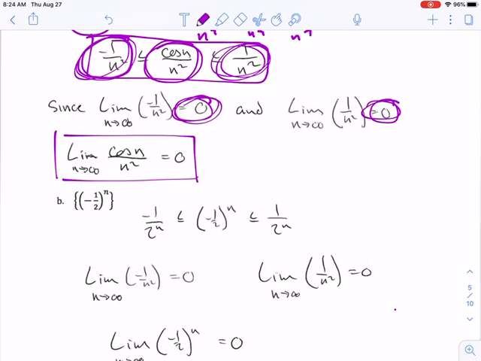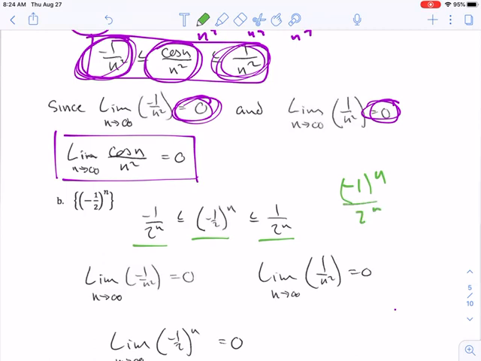Now the next one is pretty much similar to that. If we take our sequence and we squeeze it between something that's similar, what we're always doing is we're looking for something similar that we know what the limit is. So -1 to the n is like -1 to the n over 2 to the n.